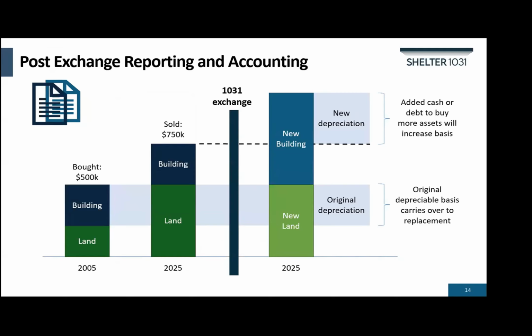However, if you acquired more real estate in your exchange than you sold, either with additional cash or additional debt, you are allowed to start a new depreciation schedule for the additional improvements you acquired. Increasing your depreciation deduction is a common result for folks who invest in passive replacement programs with higher built-in financing than their rental properties. Put simply, higher leverage buys more real estate, which in turn generates more depreciation.